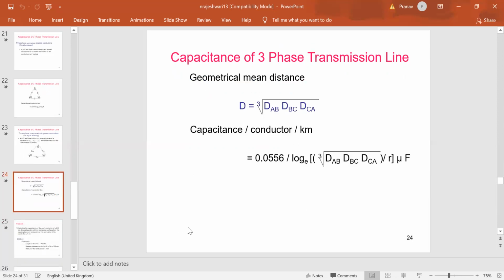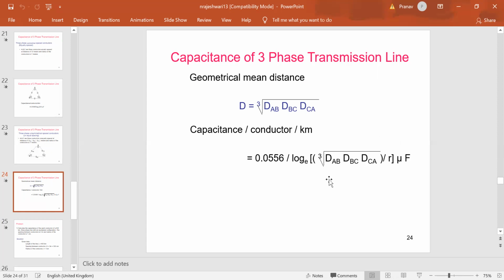In that, the geometrical mean distance GMD, capital D, is equal to the cube root of DAB, DBC, DCA, and the capacitance per conductor per kilometer will be given by 0.0556 divided by log of the cube root of DAB, DBC and DCA divided by small r, in microfarads.